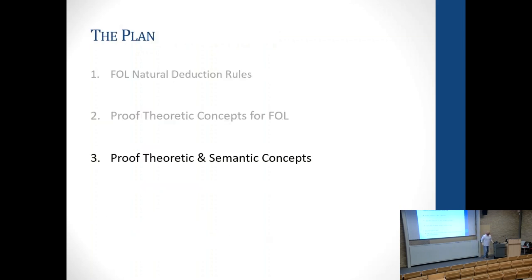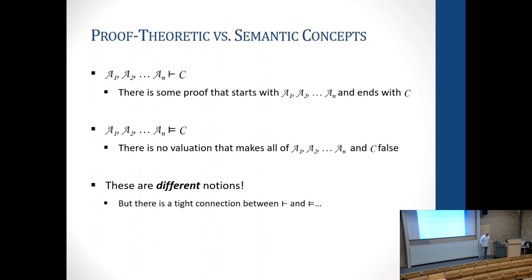The upshot is that there's going to be a tight relationship between these proof theoretic and semantic concepts. And we can exploit that tight relationship to give us the full system. Remember, we talked about introducing the single turnstile, which represents provability, and the double turnstile, which represents entailment.